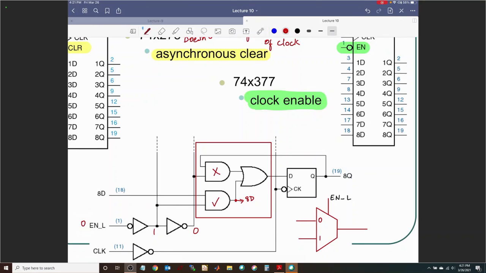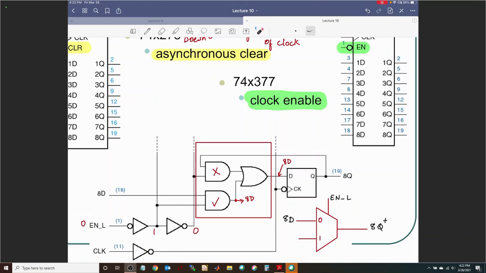So the D input over here is the most significant bit of the new thing that you want to load into the register. So 8D, your new input that you want to load, goes through to 8Q plus. That is the next state of the flip-flops. Because once you make this available over here, you still have to have a positive edge on the clock. Only then will it get clocked in. So 8Q will become 8Q plus.